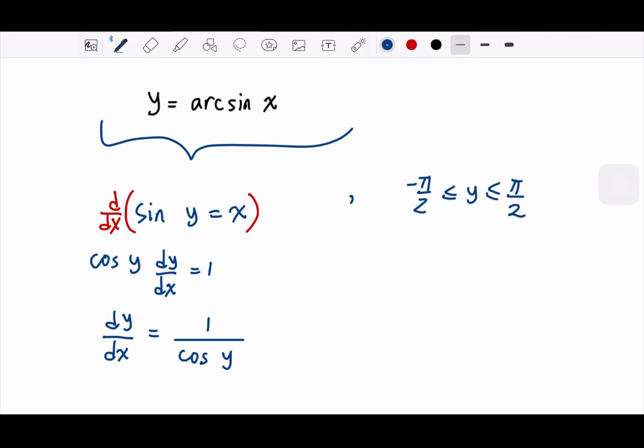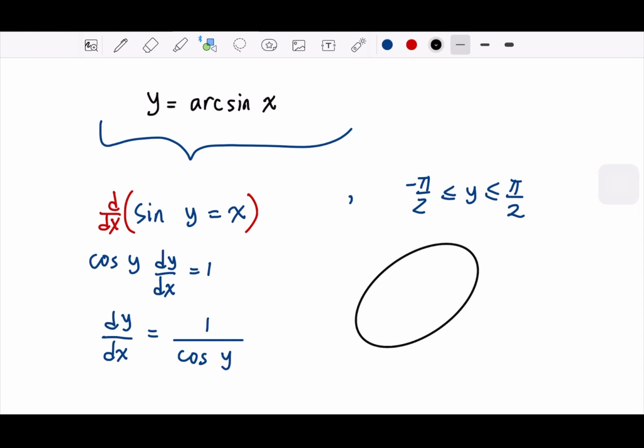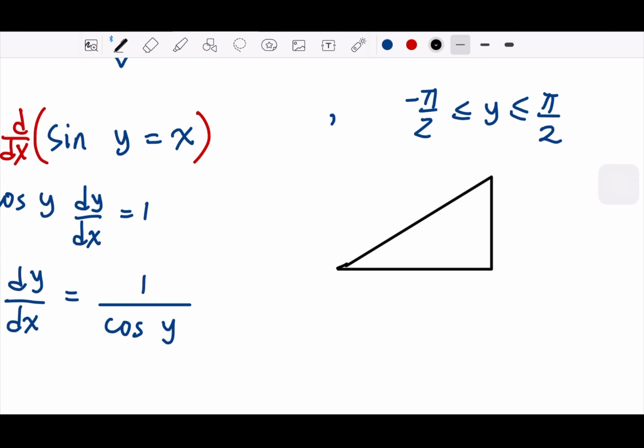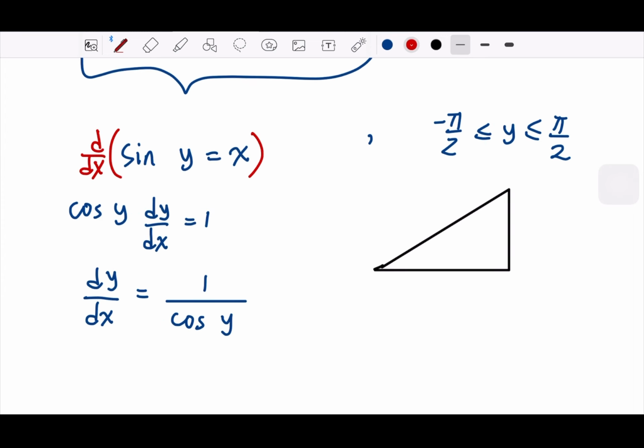So let's draw a triangle. Okay, let's say that's the angle. So the angle is y, and sine y is equal to x. So y will be here.